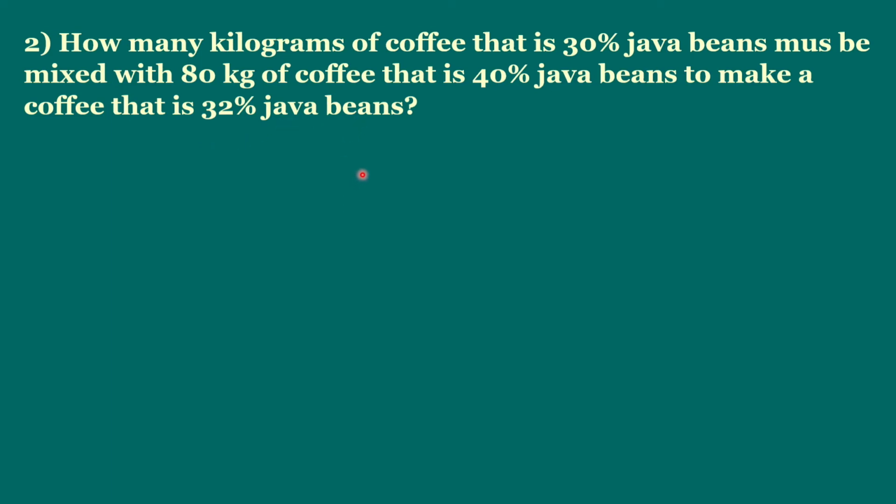Okay, like what we did in the previous slide, we need to identify here the mass or the volume that are being mixed, and also the corresponding concentration of each of the things that are being mixed, and then the concentration of the final product, right?